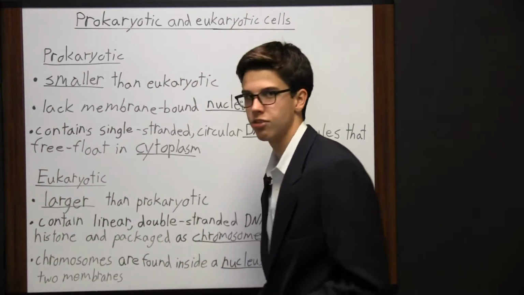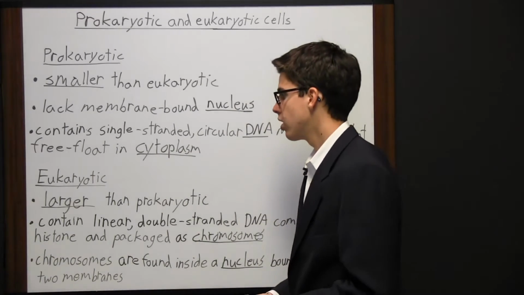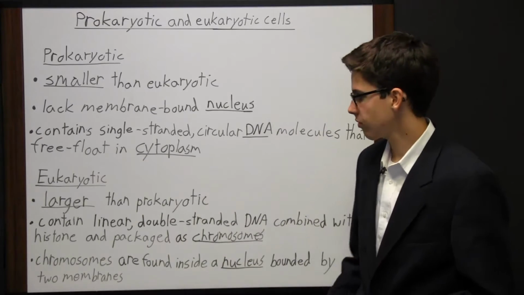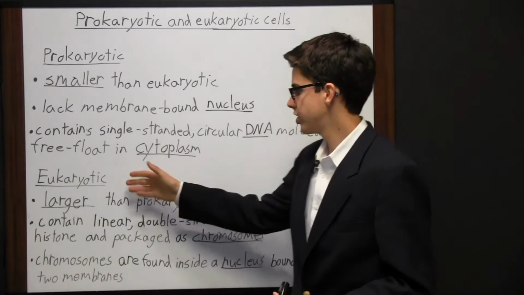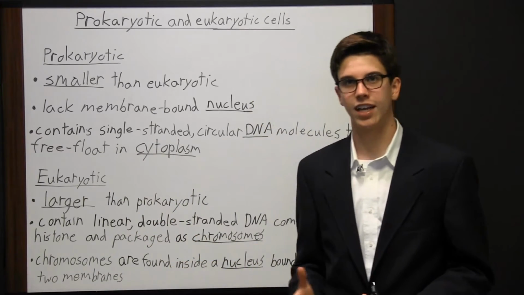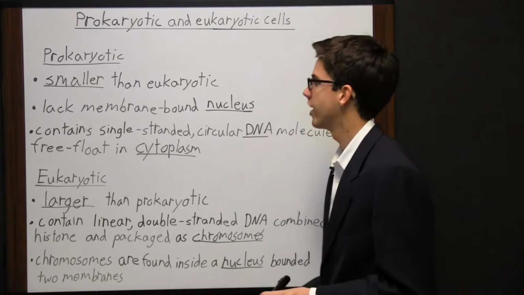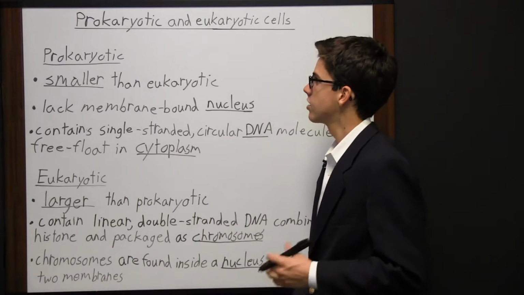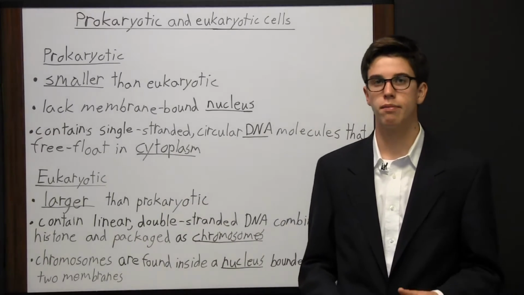Well, prokaryotic cells are usually in single-celled organisms, such as bacteria, whereas eukaryotic cells are what you find in more complex organisms. It's what you see the result of on a daily basis, because plants and animals are made up of eukaryotic cells. So that's a look at prokaryotic and eukaryotic cells and the differences between them.